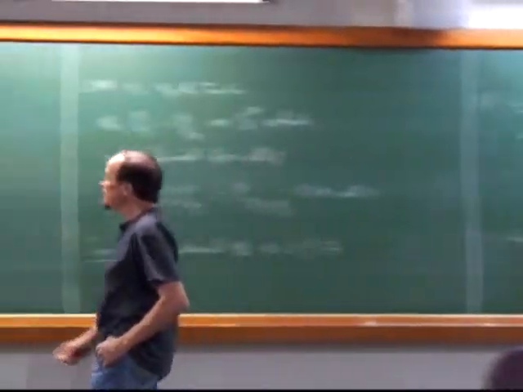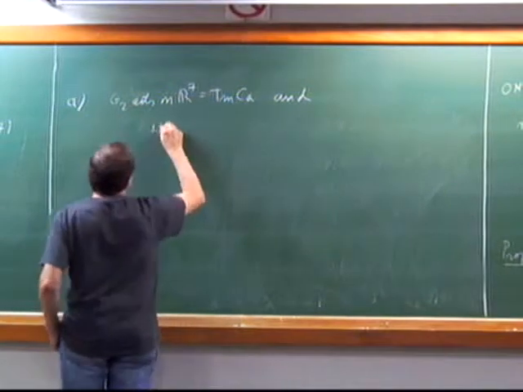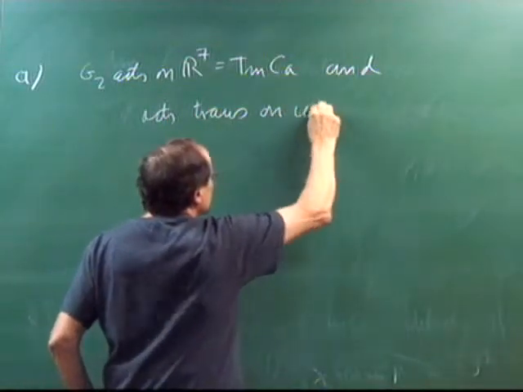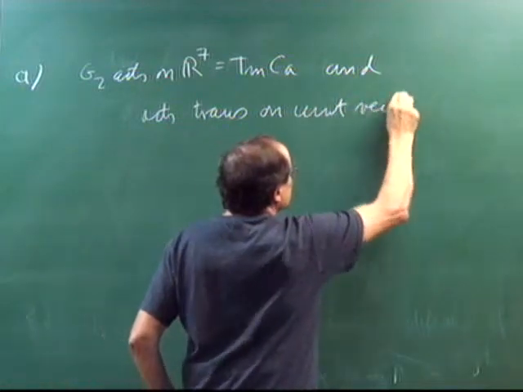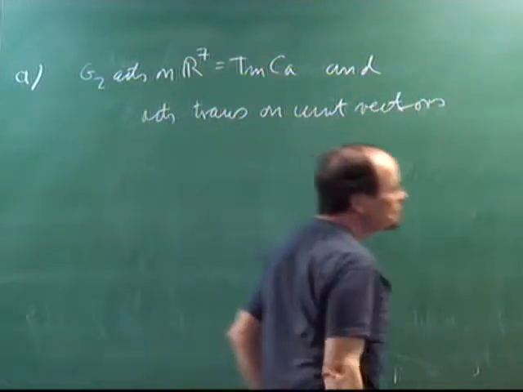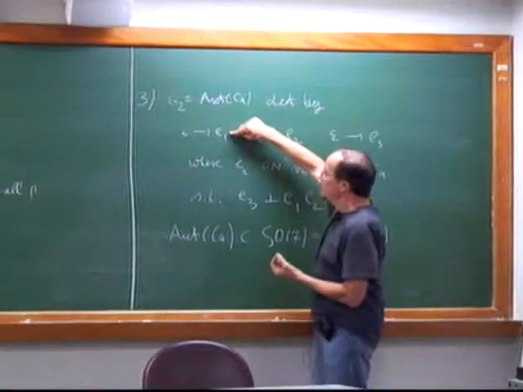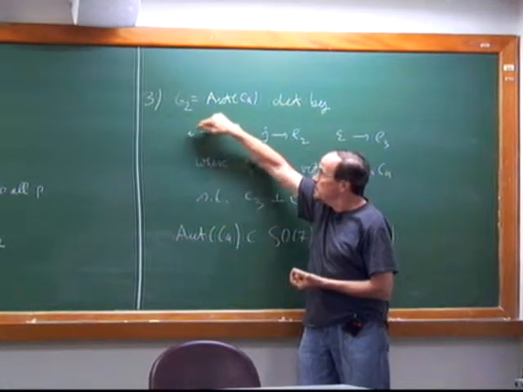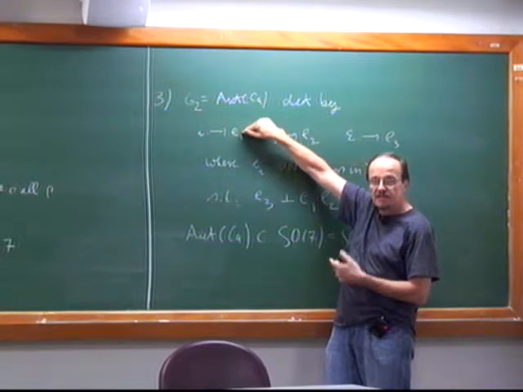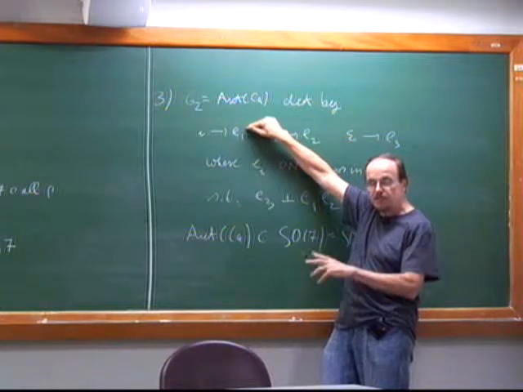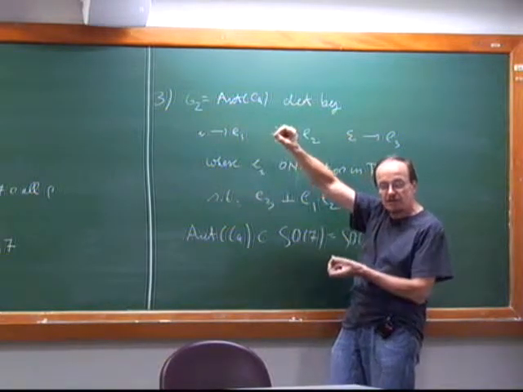So I think this implies that it acts transitively on unit vectors. Well, maybe I should say I have two unit vectors, right? I can take one automorphism that takes I to the first unit vector. I take another one that takes I to the second unit vector. And one times the inverse of the other then takes one unit vector to another unit vector.